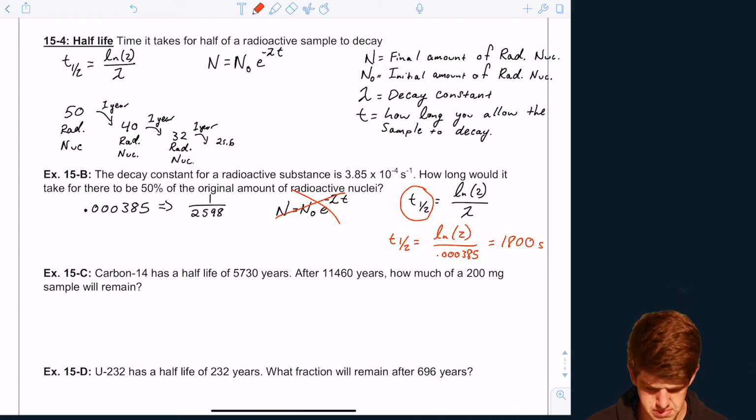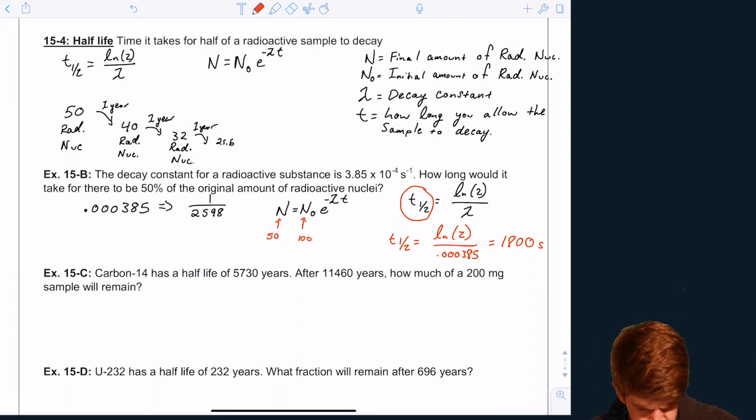I could have done this another way, and the other way would have been, funnily enough, using this formula, where I would have just said, well, let's say my original N value was 100, and half of that would be 50.